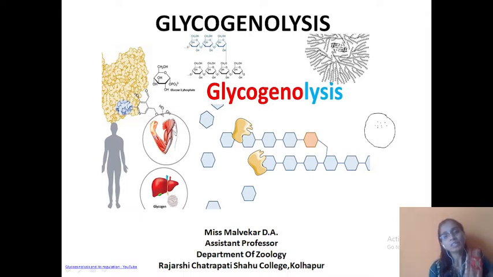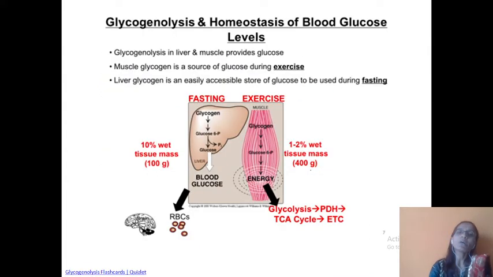During exercise, when the body demands glucose, the supply is made by utilizing the glycogen present in the muscles. But whenever the body is in the fasting condition, it will utilize the glycogen stored in the liver. So let us begin with how the glycogen is broken down into glucose molecules.